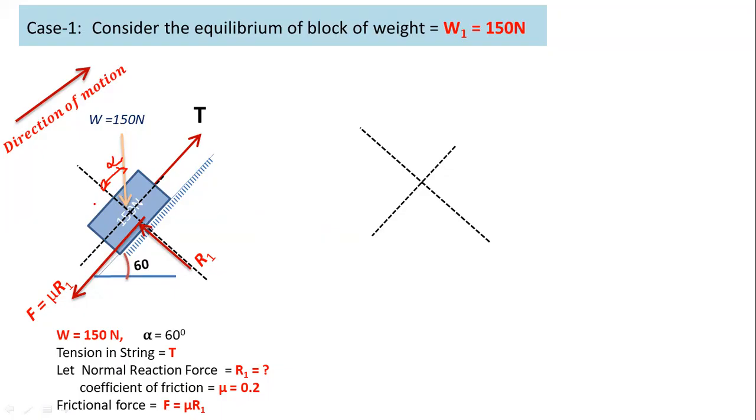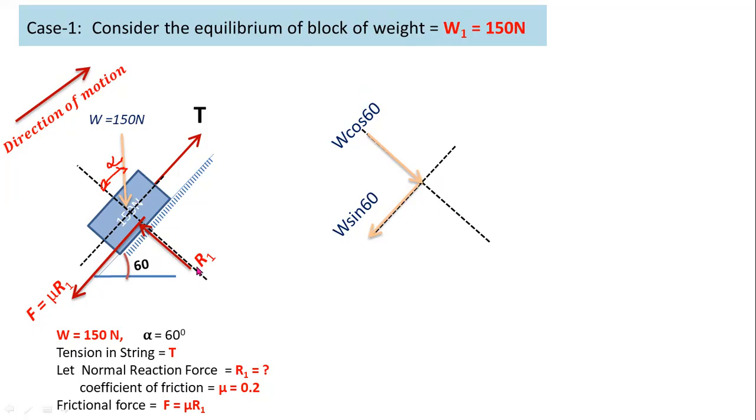So you have to convert this self weight W into two components along the inclined plane and normal to the inclined plane. This is the normal component, W cos alpha. And this is the parallel component, lying along the inclined plane, W sin alpha.